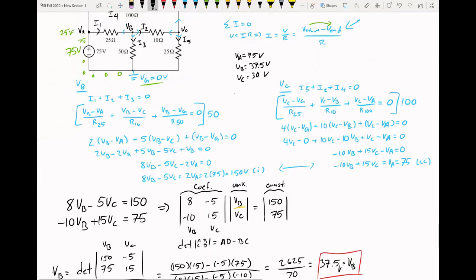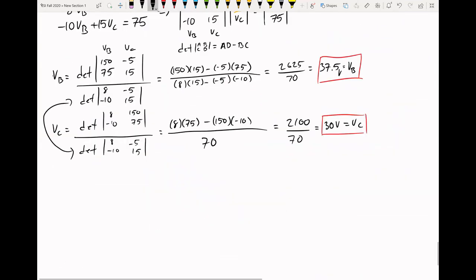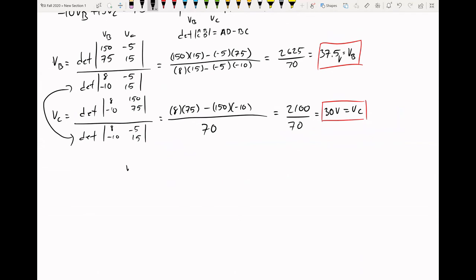All the current values are going to be just found using V is equal to IR. Therefore, I is equal to V over R. And of course, this is going to be V of start minus V of end over the resistance.